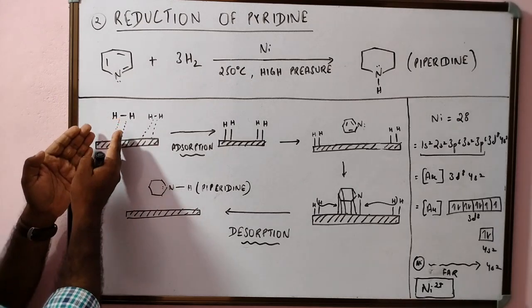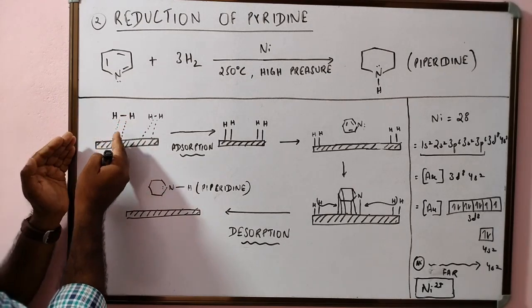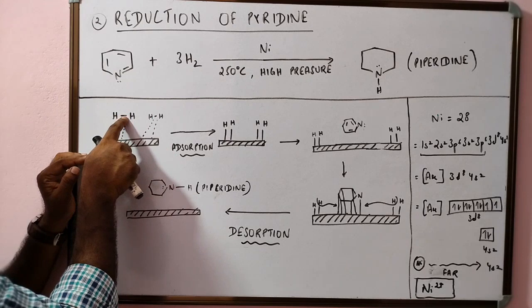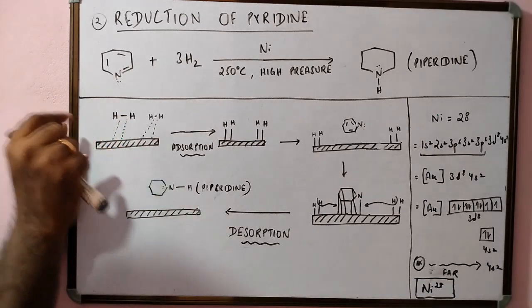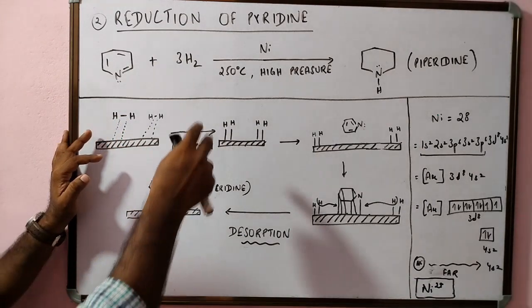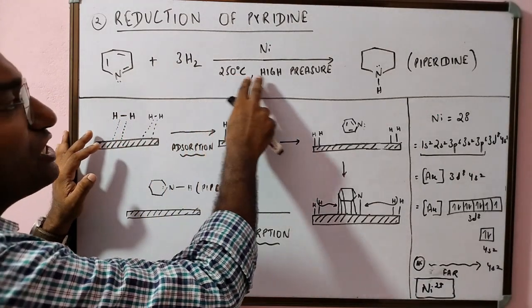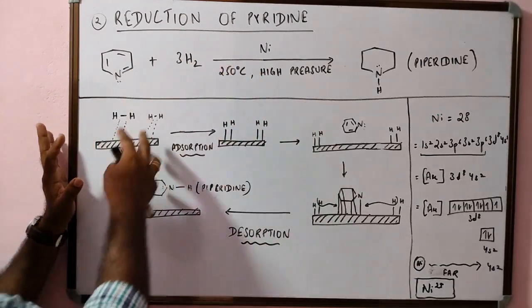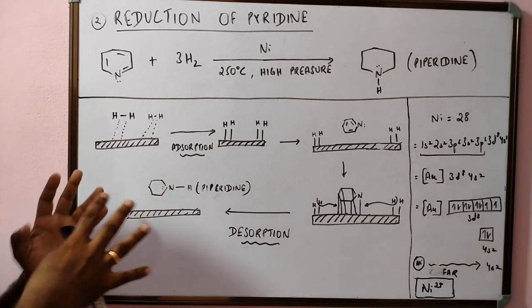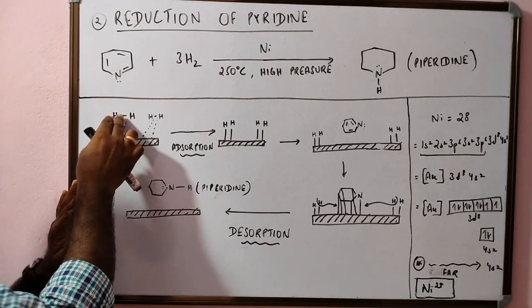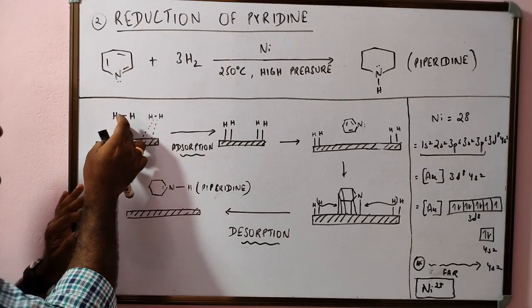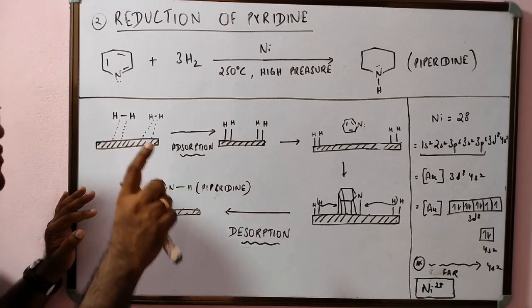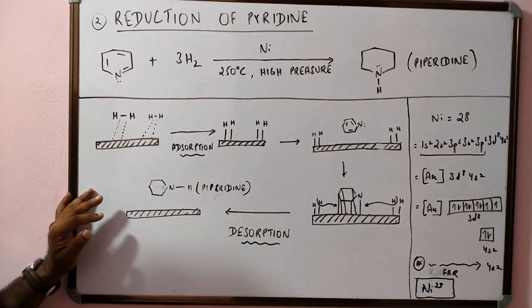This attraction of the electron pair towards the nickel weakens the sigma covalent bond between the hydrogen atoms. Further weakening is bolstered by the very high temperature and very high pressure that are used in the reaction. The net effect of these two is that ultimately the hydrogen molecule dissociates into hydrogen atoms with 1 electron each.